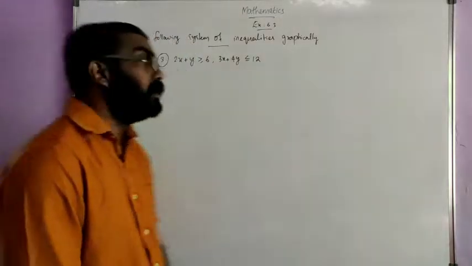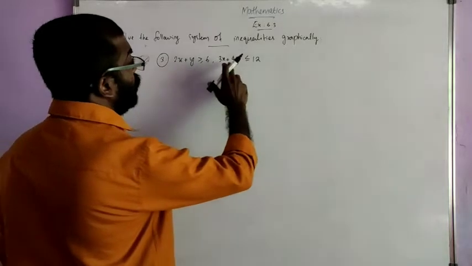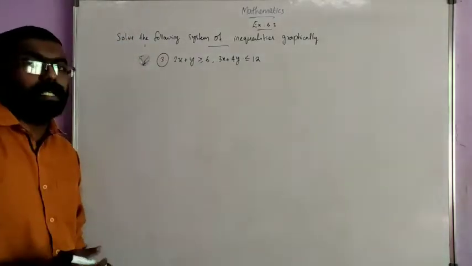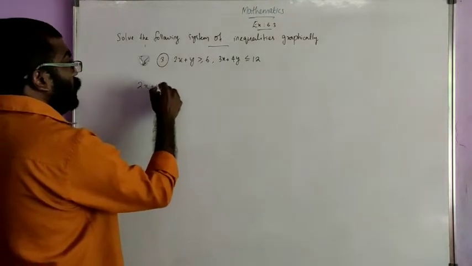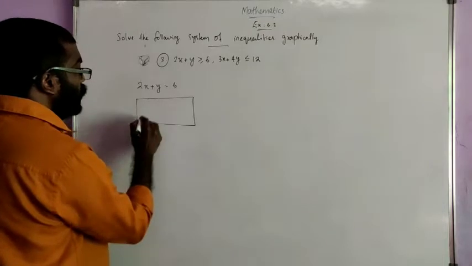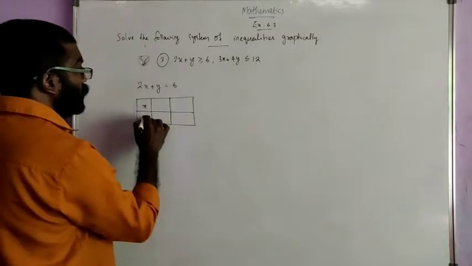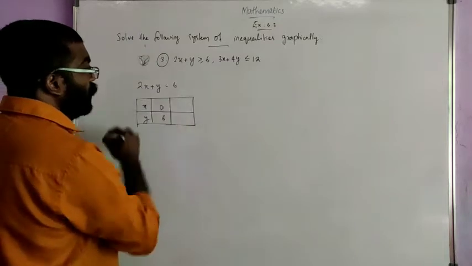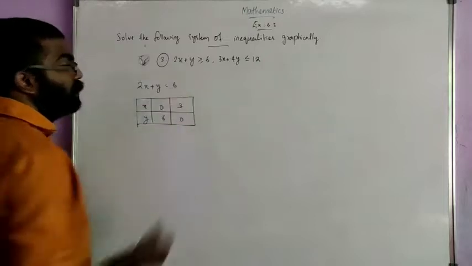Here the next question is 2x plus y greater than or equal to 6 and 3x plus 4y less than or equal to 12. So we can take 2x plus y equal to 6 and from this we can find 2 points. x, y, when x equal to 0, y equal to 6 and y equal to 0, x equal to 6 by 2, 3.